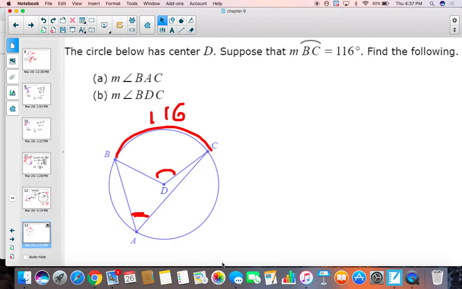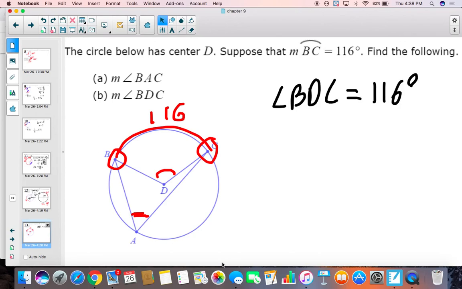And what's really important is that they both have the same point where its rays, or where these chords here, are intersecting that circumference of that circle. That's why this rule works here. So the angle BDC, or our central angle, is going to be equal to 116 degrees.